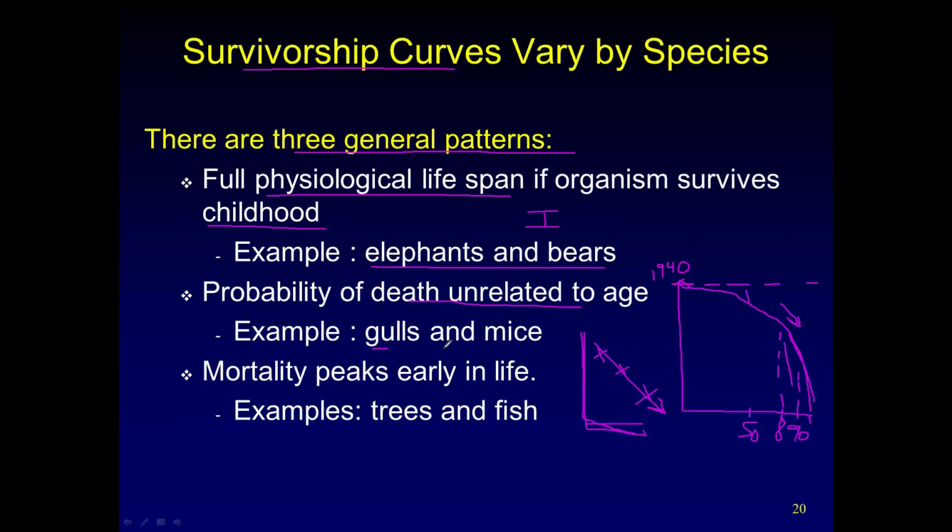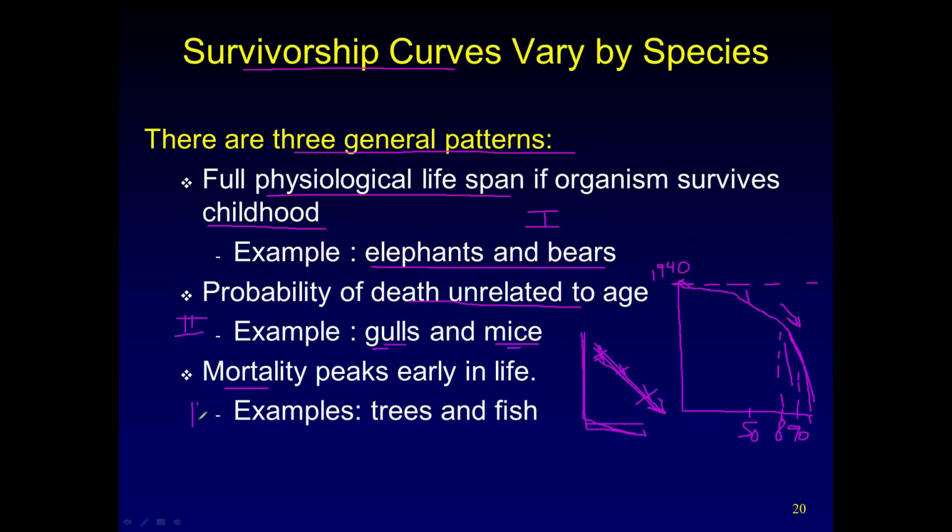We find this is the case among gulls, mice, rabbits, and some invertebrates. Small birds are a great example. Any of your songbirds are just as likely to die when they're young as when they're old. So you get a consistent curve, and this is called a type 2 survivorship curve.